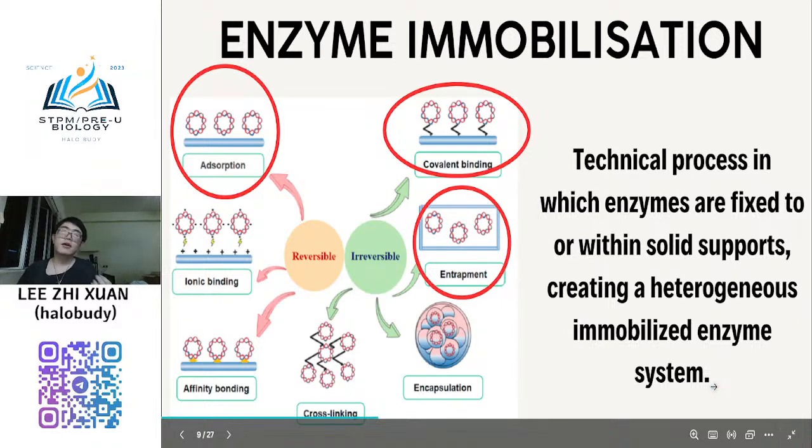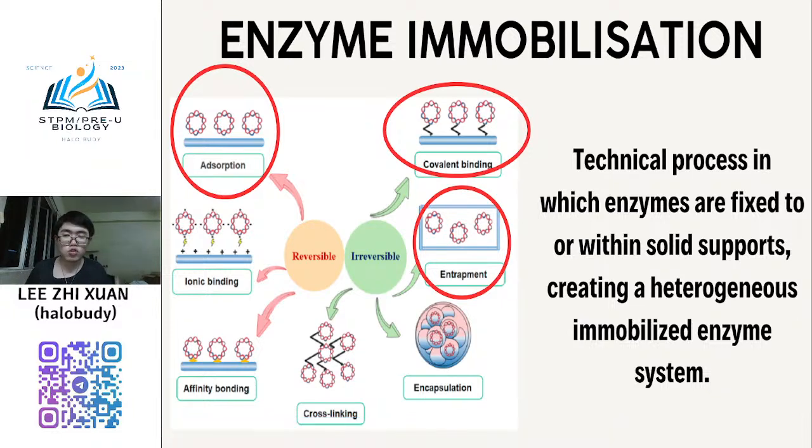Meaning that in our industry, because of green technology, enzyme nowadays has become a very useful biocatalyst. In the old generation, industry used chemicals as the catalyst in the reaction. But nowadays, because chemicals are very toxic to the environment and not eco-friendly, they use enzymes.